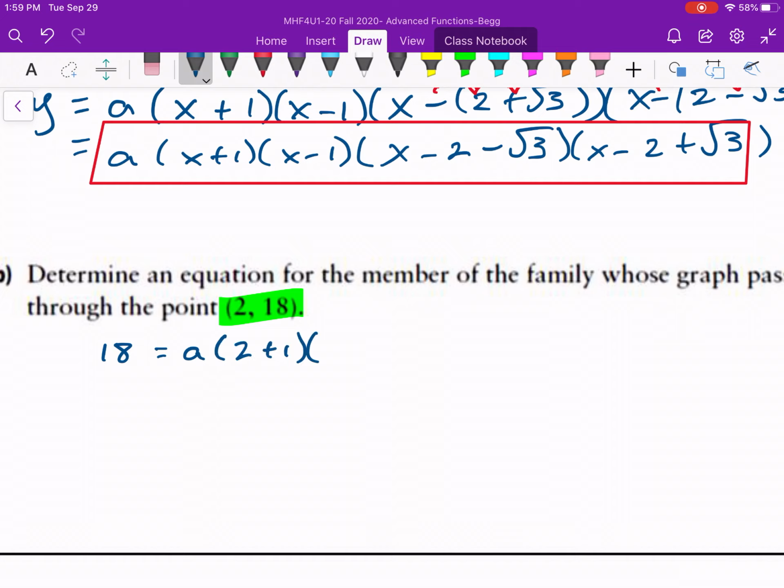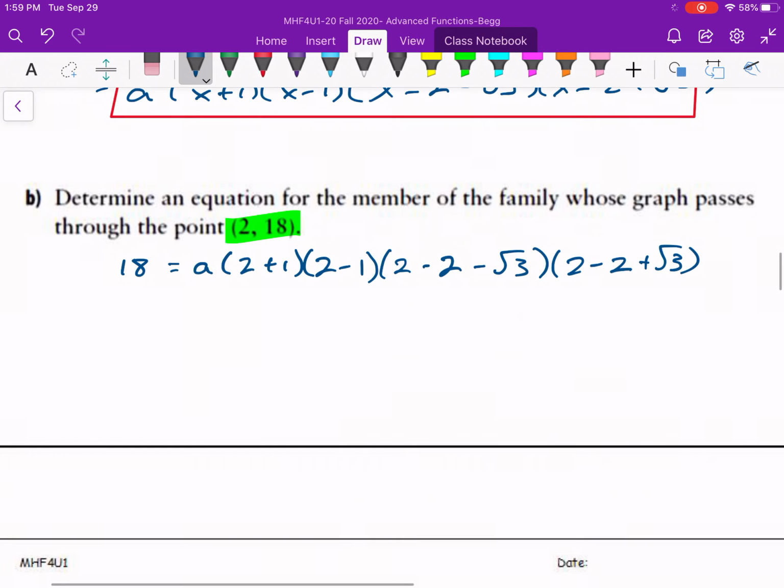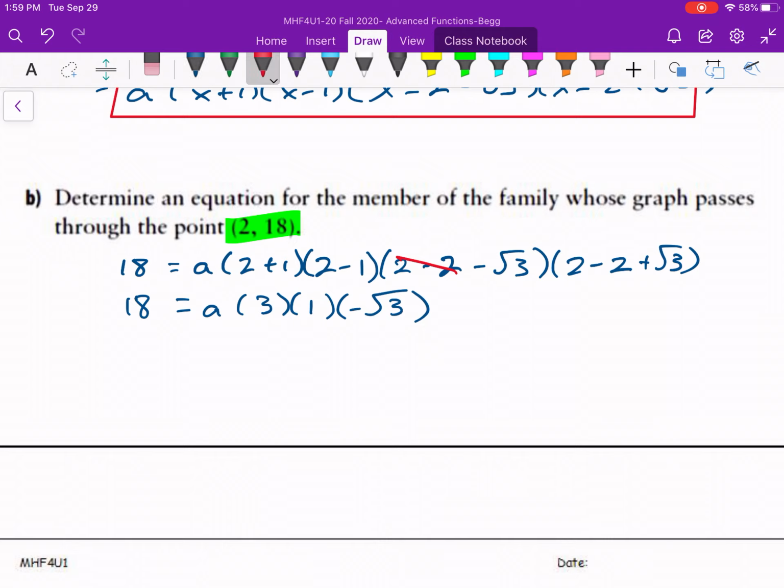I'm going to put 2 in everywhere for x. (2 minus 1), (2 minus 2 minus root 3), (2 minus 2 plus root 3). Obviously, there's going to be simplifying going on inside the brackets. These cancel out, leaving simply a negative root 3. These cancel out, leaving positive root 3.